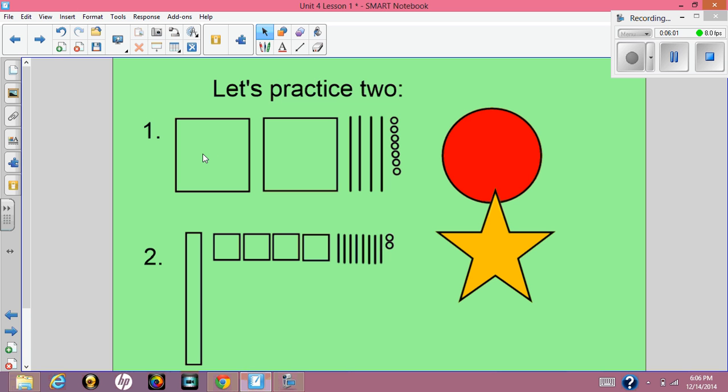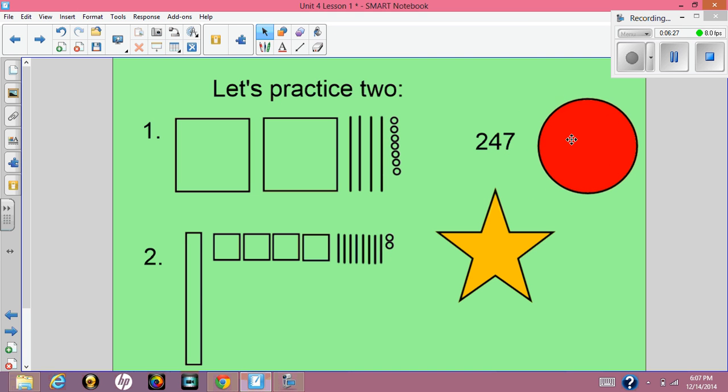So let's look. 100, 200. 200 plus 1, 2, 3, 4 sticks, so we have 240 plus 1, 2, 3, 4, 5, 6, 7. So 247. Let's see if we're right.